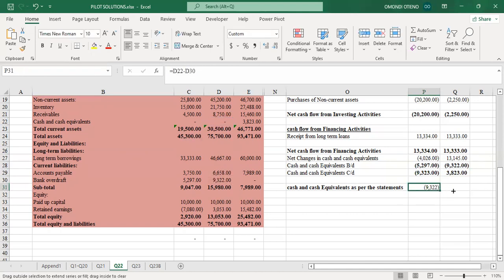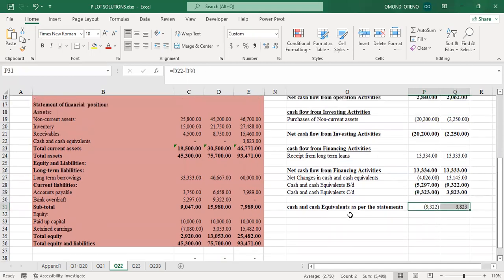And let's also come to this part and see. If we look at this one here, the figures that we have for cash and cash equivalents as per the statement are actually these ones here. This one here is as a result of rounding off. But then when we look at these two, we are able to see that they are adding up.